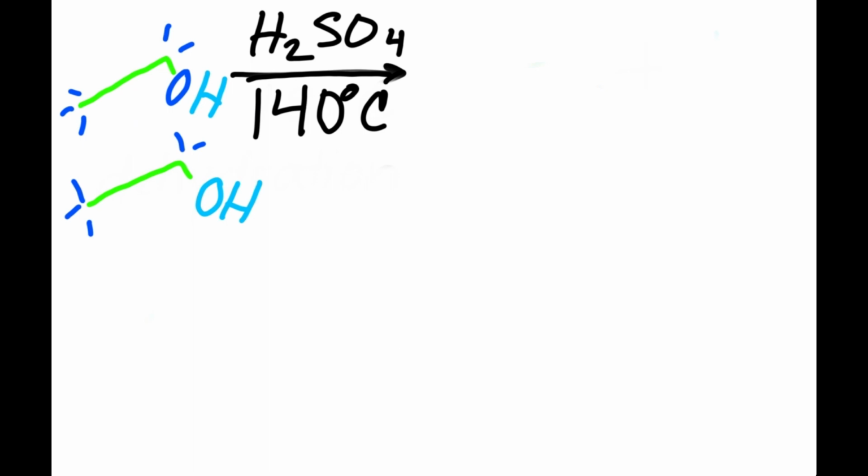So when you have this acid up here, along with 140 degrees of heat in Celsius, what's going to happen is that the water breaks off. We knew that, it's dehydration. And a bond forms between this one oxygen that's left over and the two alkane parts.